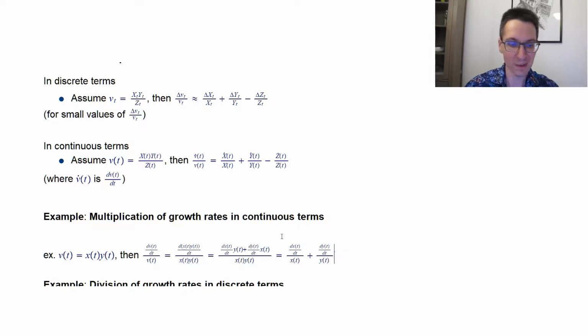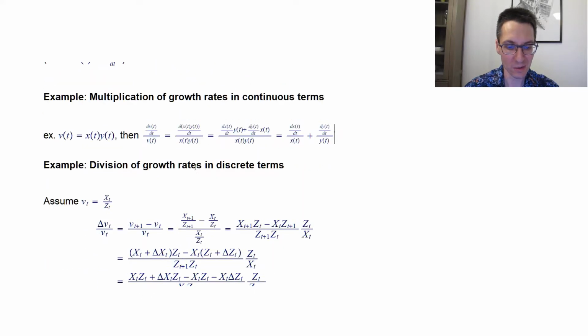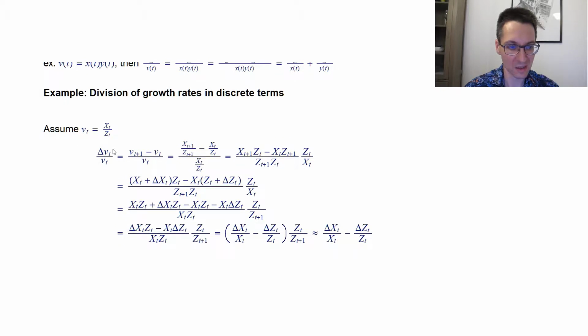All right, so now you trust me that it works, at least for a product. So I invite you to check for a ratio. Now I didn't do it for discrete time, which would be more useful since that's what we use in the present Solow model. But I didn't do it because it's long, so I'm just going to show you what it means.